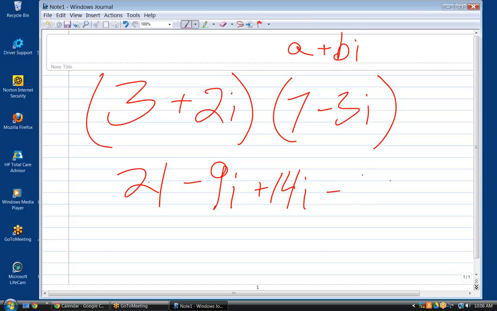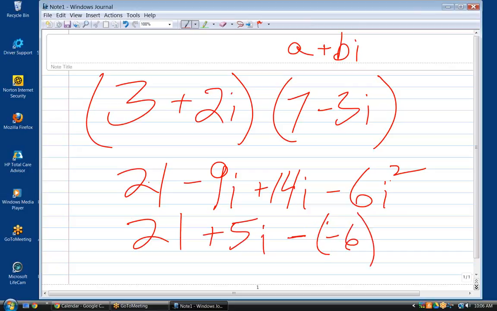Negative 6i squared. And what is i squared equal to? Negative 1. So this becomes 21 plus 5i minus a minus 6, or 27 plus 5i.